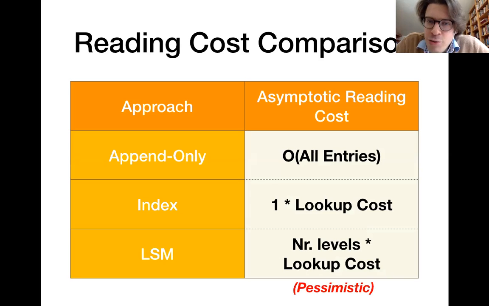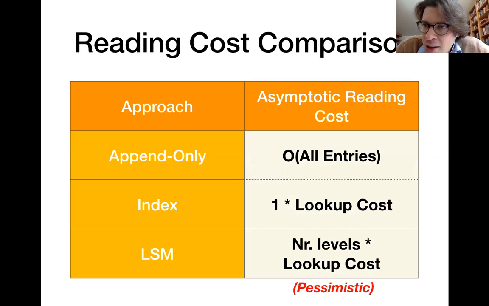So if I look at the reading performance, then if I do the append only strategy, the first one we have seen, in order to find something, I might have to read everything, which has terrible performance, of course. If I use the index, I am very efficient. I just look up things in the index and then I find what I'm looking for. The log structured merge tree again is somewhere in between.